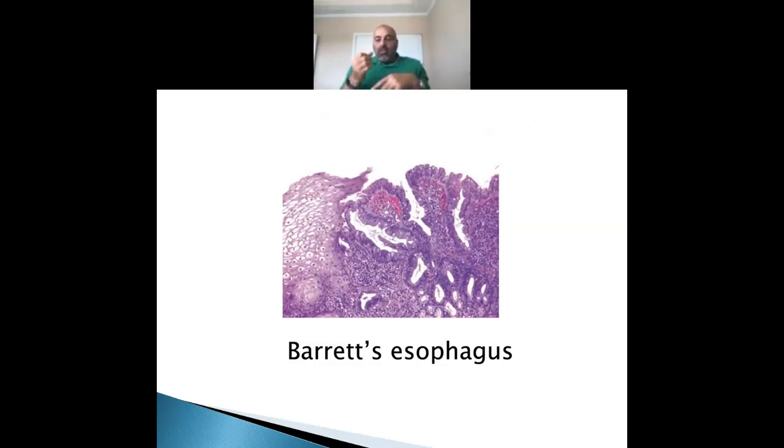It's too lax. And so acid is coming from the stomach into the esophagus and irritating it. So we get this changeover of tissue. The next stop is proximal esophageal adenocarcinoma. So patients with GERD, like I have GERD, so I take Nexium daily to prevent this.